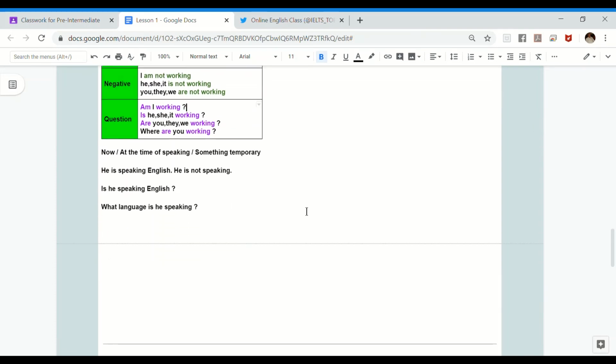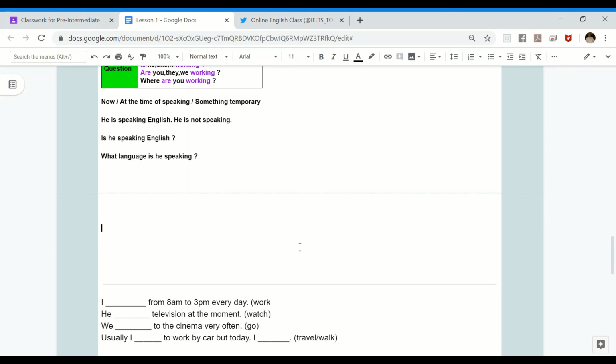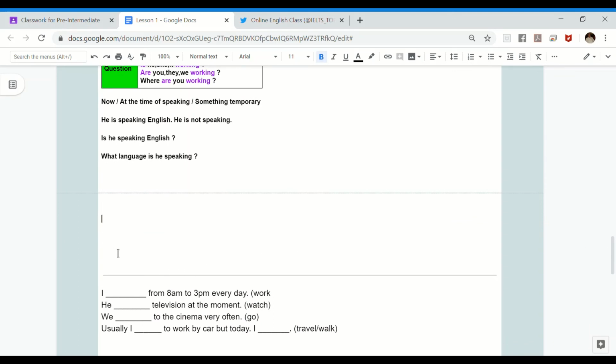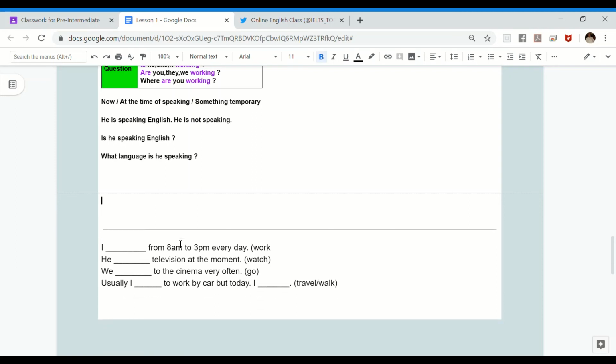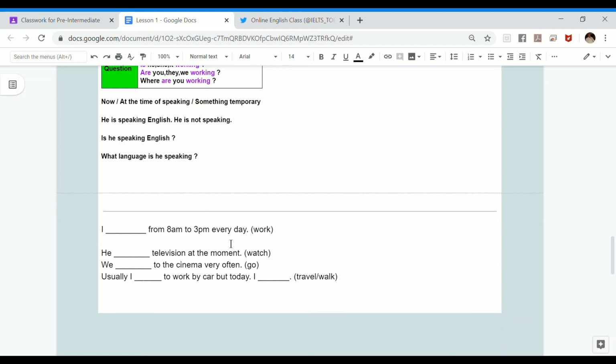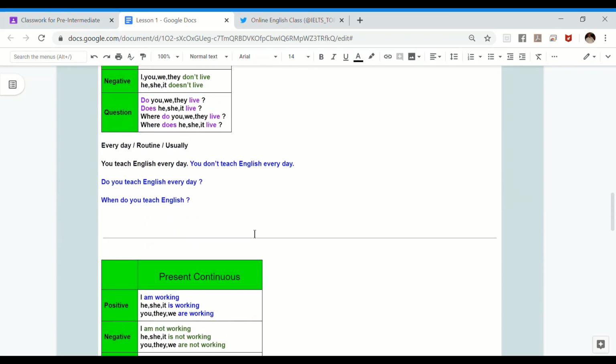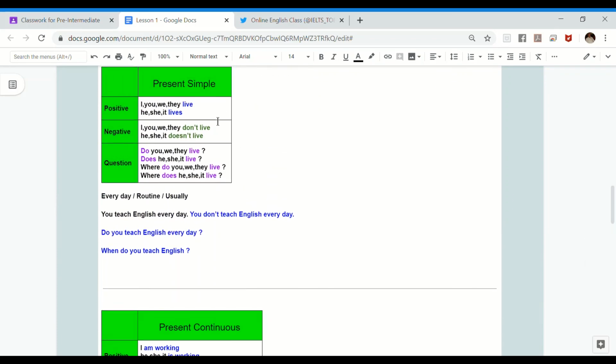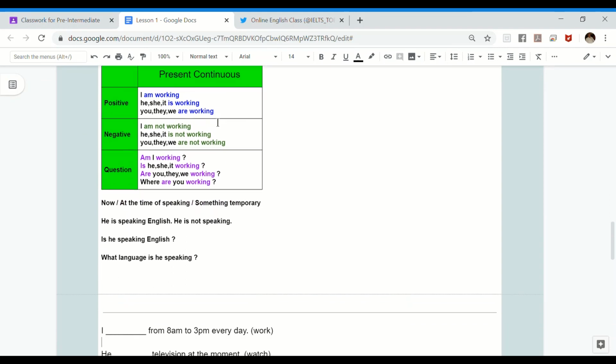Okay, let's start just with a few examples, putting them together, and then I will set some homework, some assignments, so you get more practice. So the first one is I from 8 AM to 3 PM every day, and you need to use the verb work. Now, every day, is that present simple or is it present continuous?